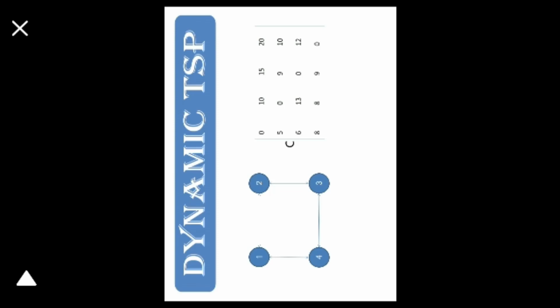Like this, the distances from one city to all cities are given, which is represented in the form of a cost matrix as shown. Now with the help of this cost matrix, we need to find the shortest path, or the minimum tour for the traveling salesperson from his city to all other cities.